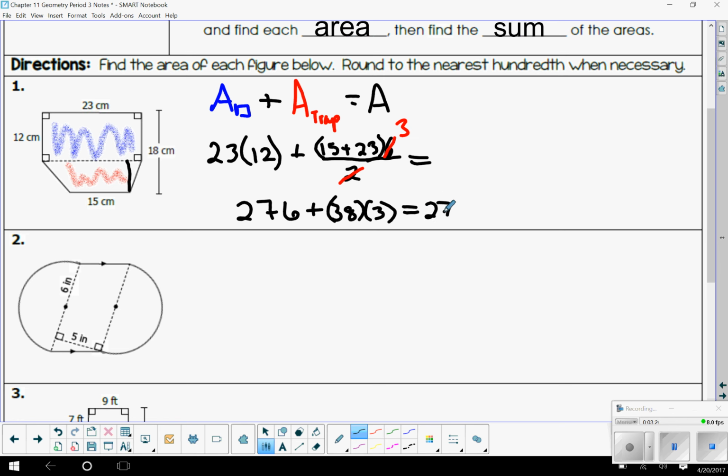So 276 plus 114, which equals 390, I think is what you said. Yep. And that's centimeters squared.